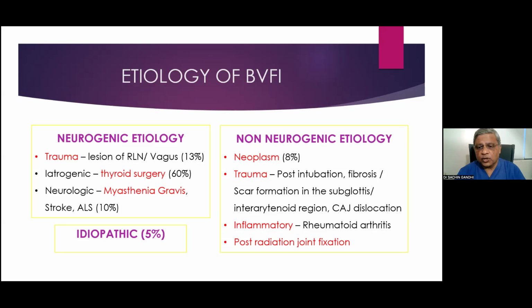It could be because of local trauma, again, external trauma or intubation trauma, internal trauma, inflammatory conditions like rheumatoid arthritis, or most common these days, radiation for head and neck cancers, which results in edema and fixation of the cricoarytenoid joint, and then the patient comes to the clinic with bilateral immobile vocal folds. Now we have to differentiate neurological or fixation in the OPD itself, because the management is quite different in both these groups.